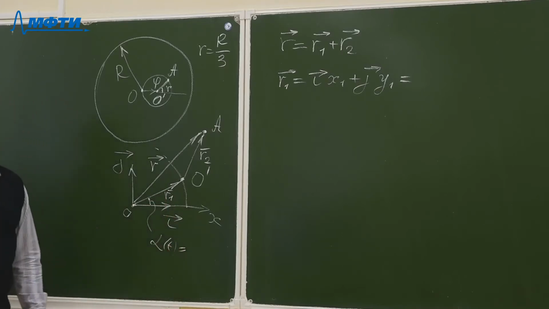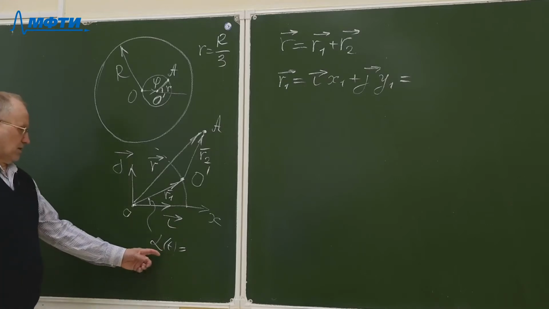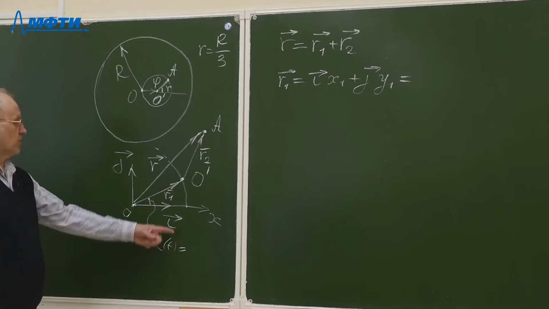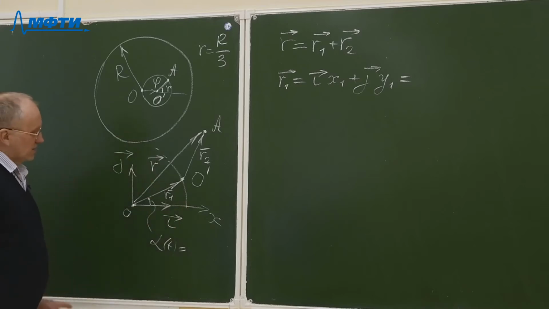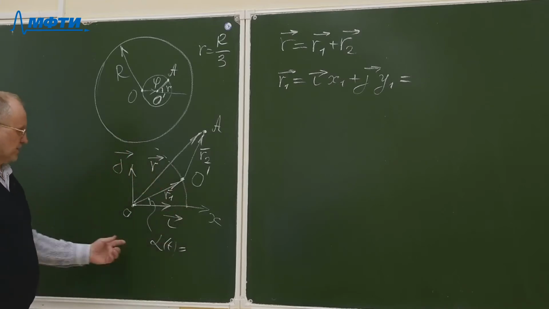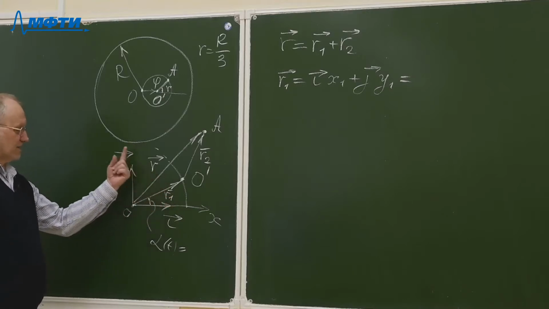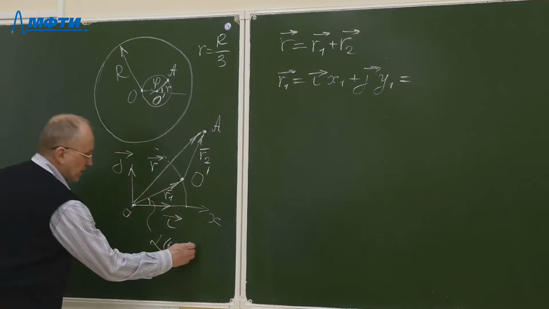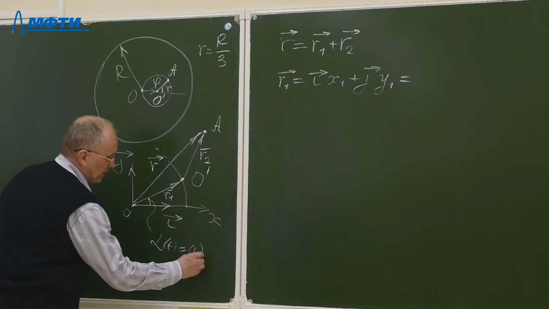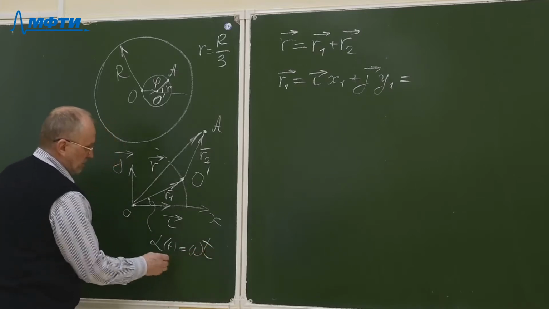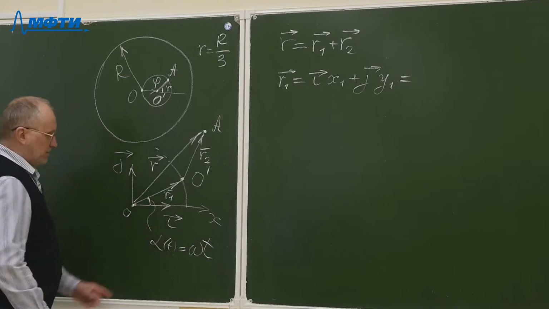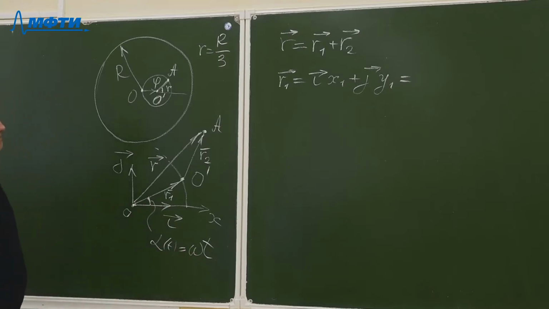What function of time is that? We know that the rotation takes place at constant angular velocity, so that the angle of turning this vector is proportional to time, and the coefficient of proportionality is the angular velocity, so that this angle depends on time in such a way.